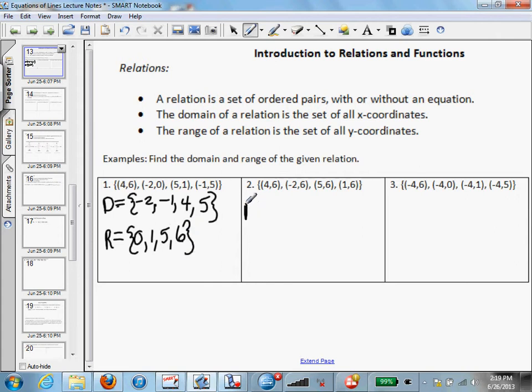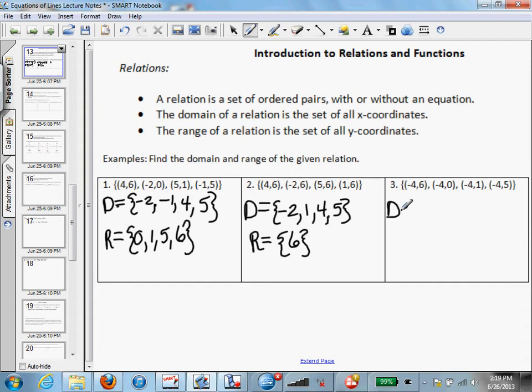Okay, for number 2, the domain, all the x values from least to greatest, if you look, should be -2, 1, 4, and 5. While R will be the y values, the 6's, just 6, since they all share that.